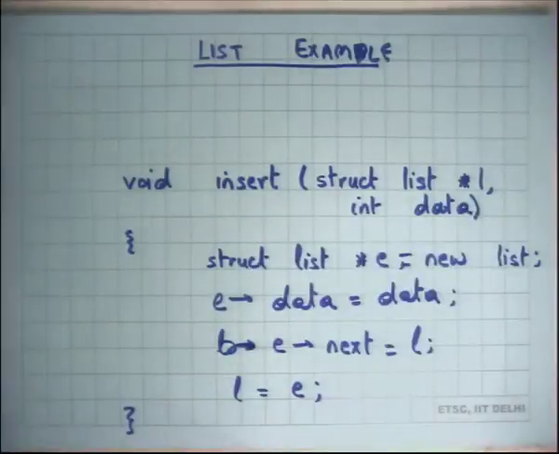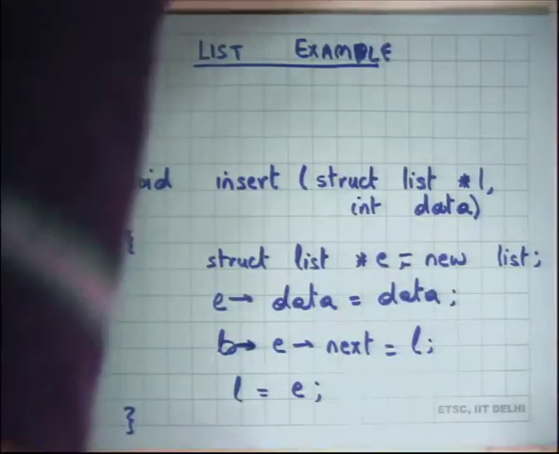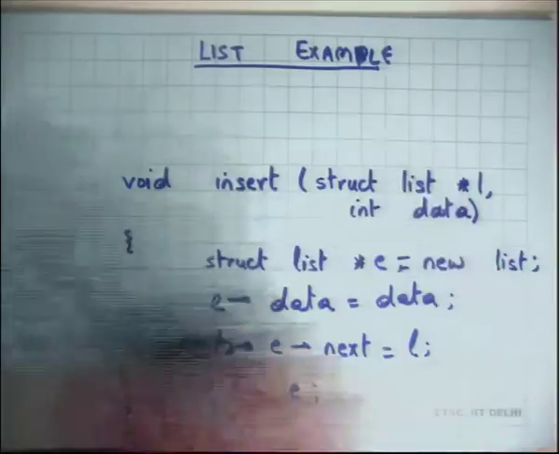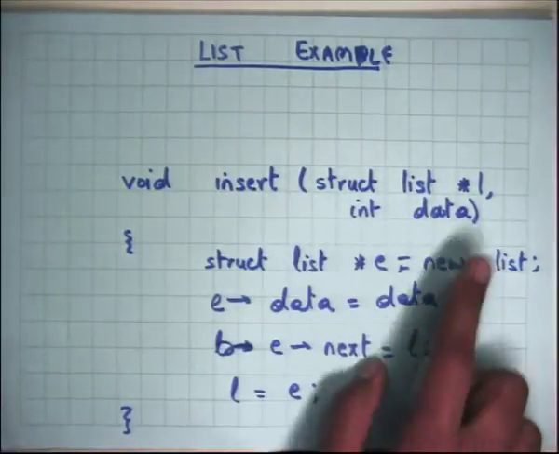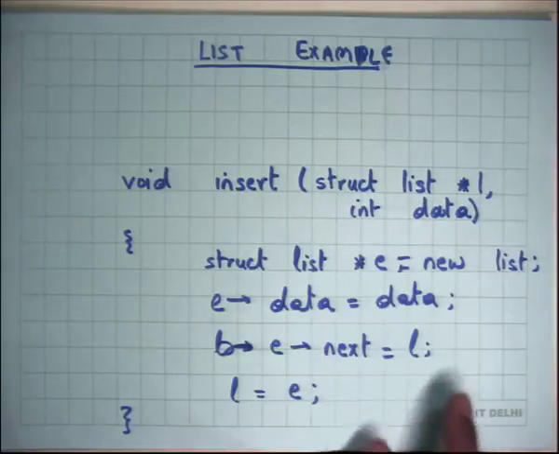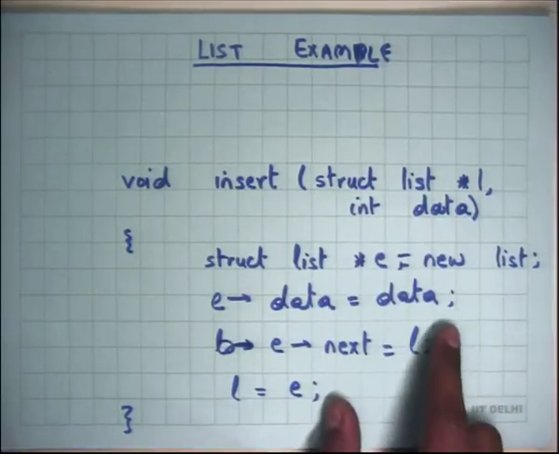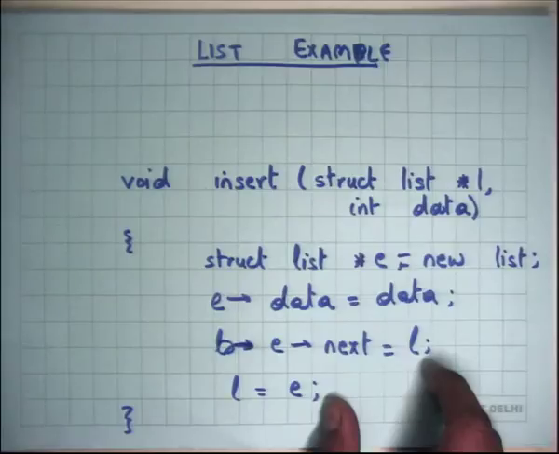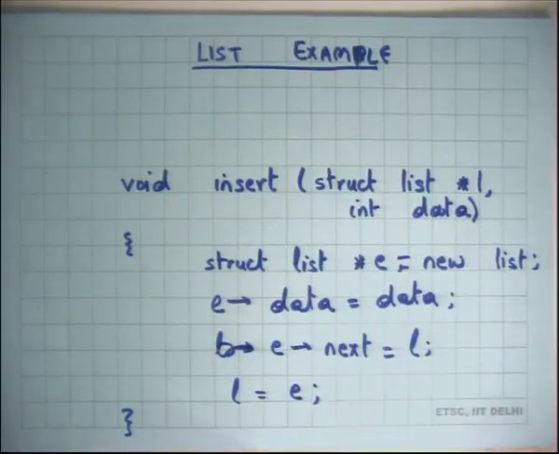Then we looked at this example of a list. There's a shared list L, and a function called insert that inserts a data element into L. This code allocates a new list element, initializes its data and its next pointer, and updates the list.